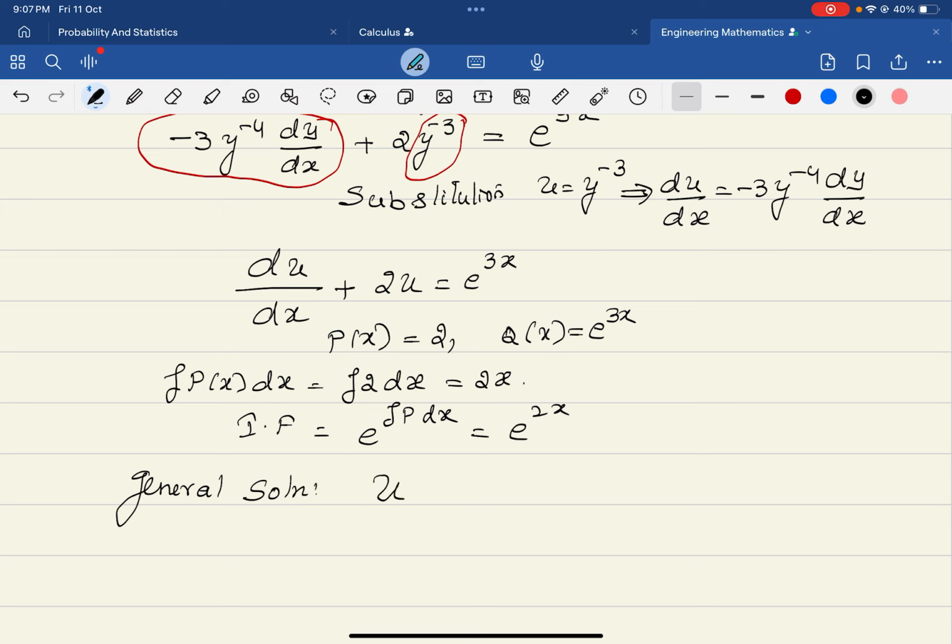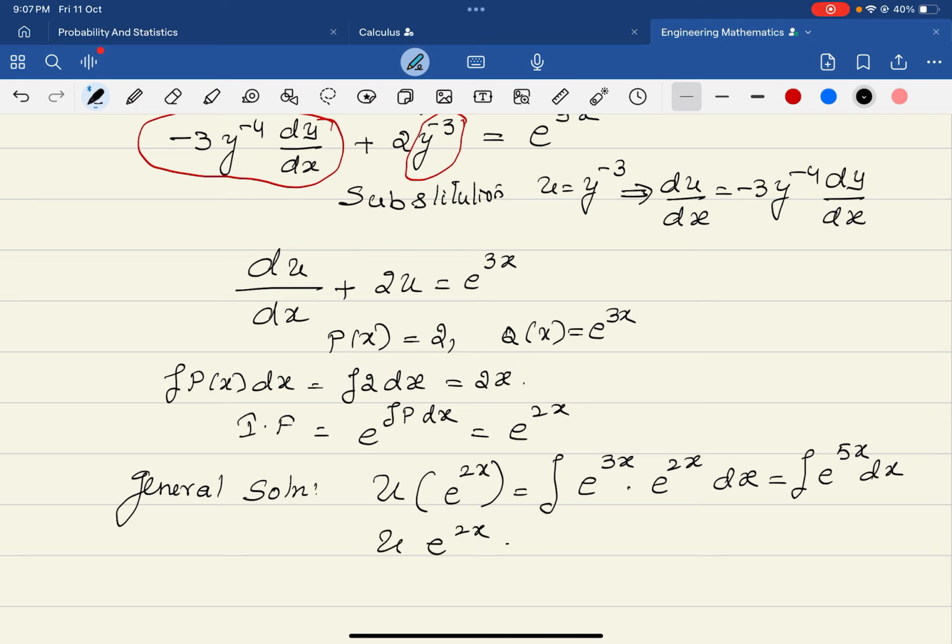It is u times e raised to 2x is equal to the integral of q of x, which is e raised to 3x, times the integrating factor e raised to 2x, dx. So this is e power 5x dx. So u into e raised to 2x is equal to the integral of e power 5x, which is e power 5x by 5 plus c.